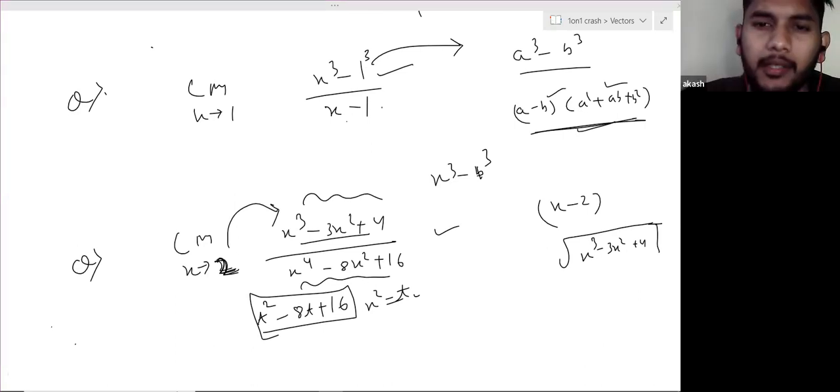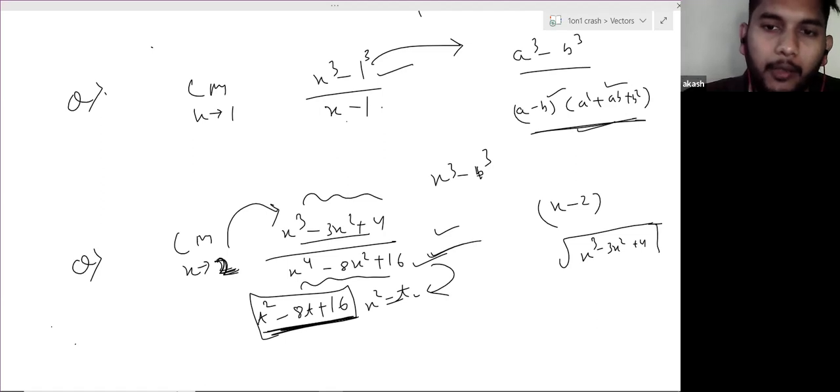Absolutely. But this is an easier method because you will use middle term splitting and you will get the answer very easily, whichever way you want. Because if you divide by x minus 2, then you will get a cubic equation, right? Then again you have to divide by something to get a quadratic, right?